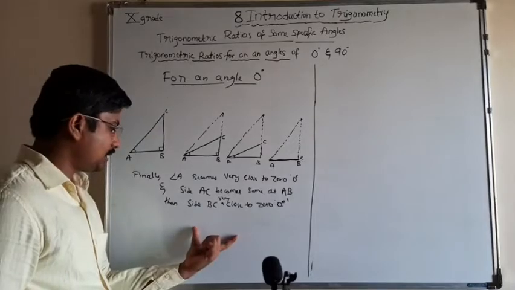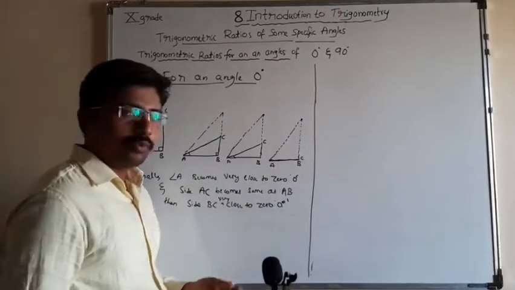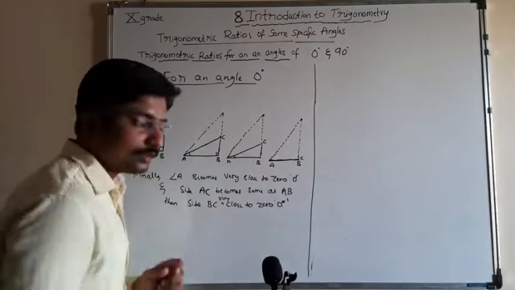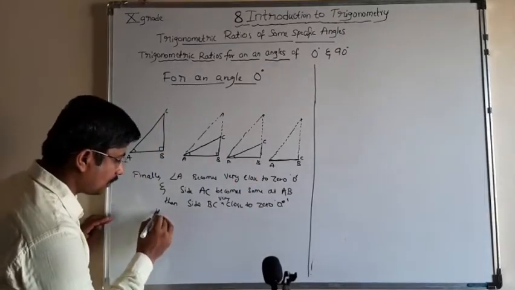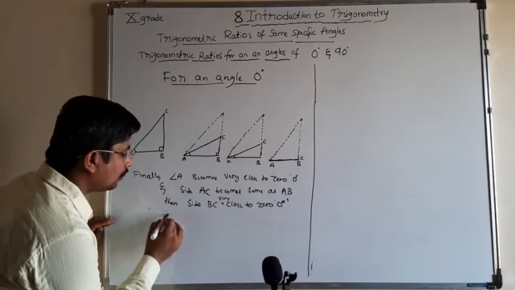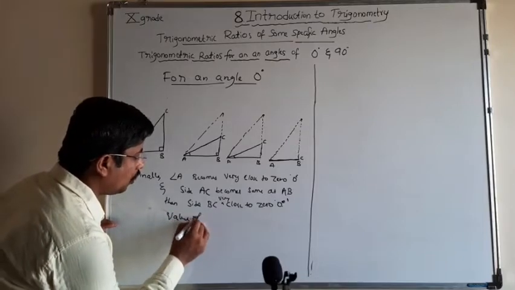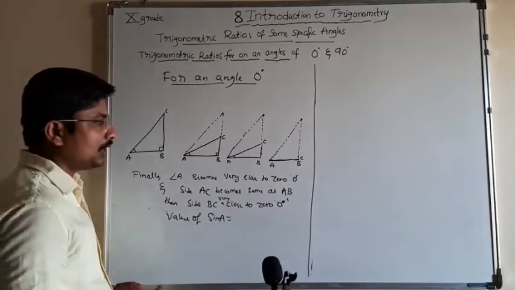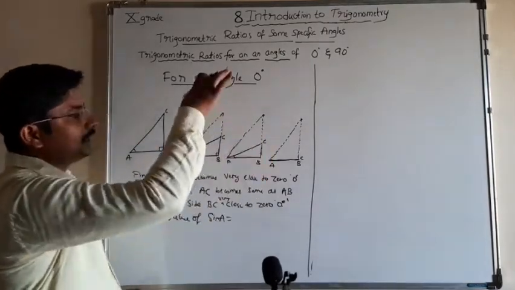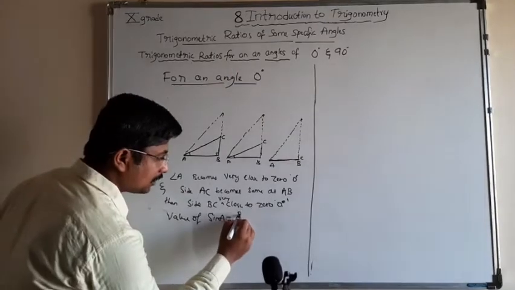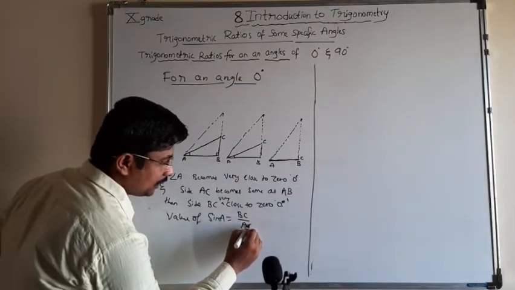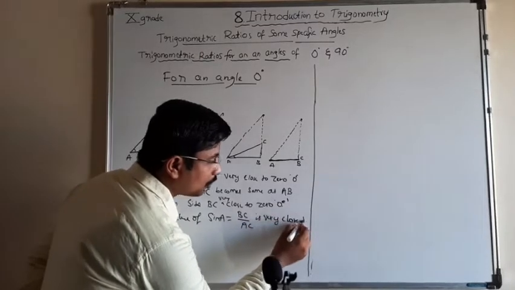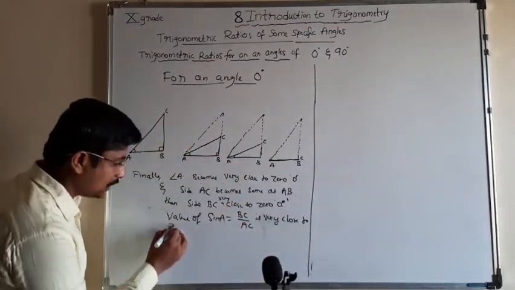Next, what is the value of sin A at this condition? The value of sin A is equal to opposite side divided by hypotenuse, that is BC divided by AC, which is very close to 0.